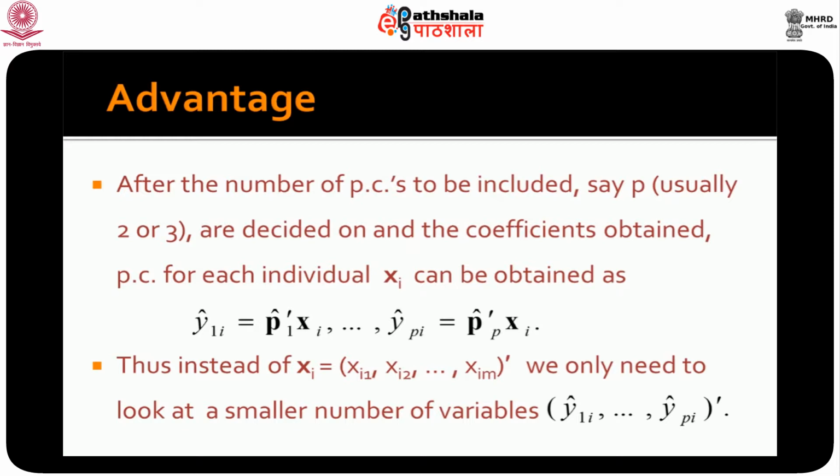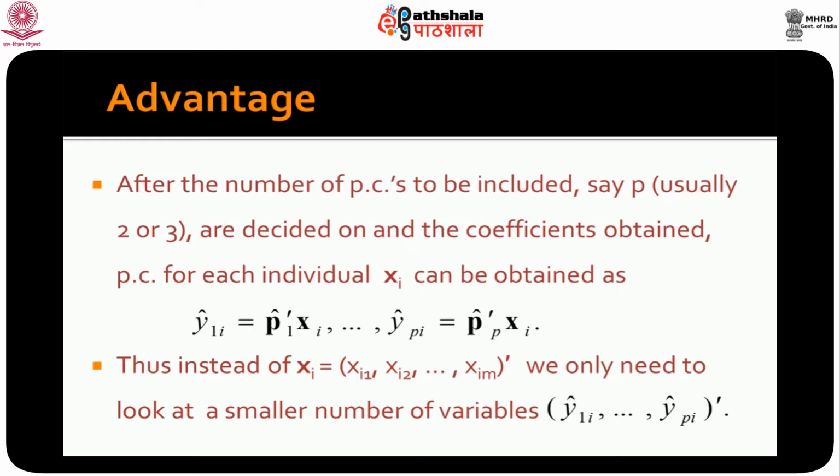So that will be also a vector, but a vector of a much smaller dimension. And in further studies, we can think of working with the principal component scores rather than with the original x's. That is one of the major reasons why we do principal component.